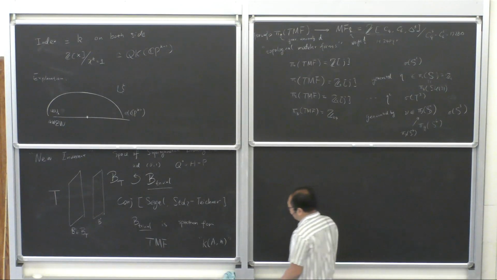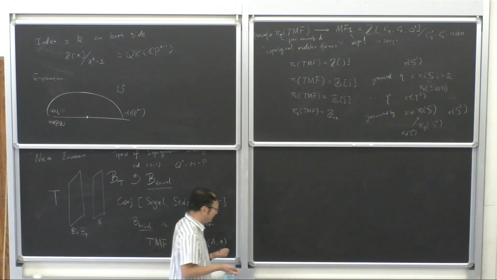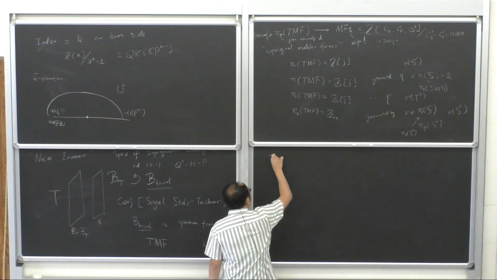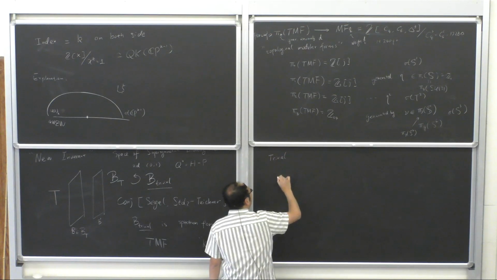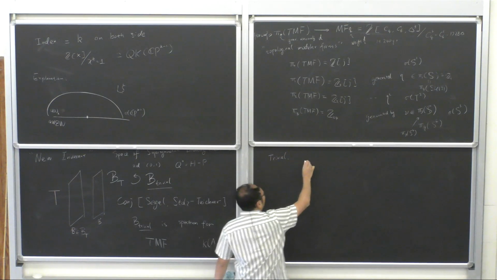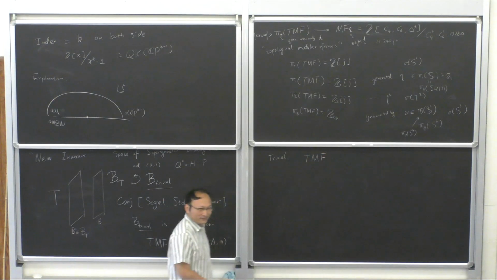Yeah, so let's give some very simple examples of TMF modules. One example is, in a sense, already given here. For the trivial theory, the TMF module will just be TMF itself.